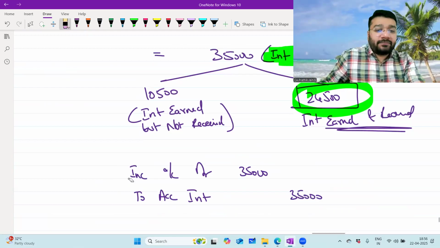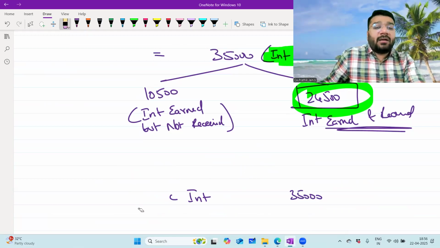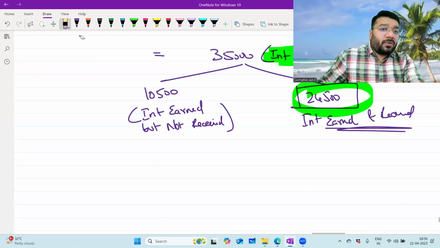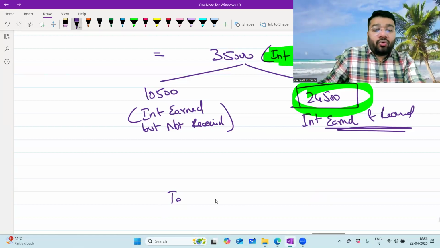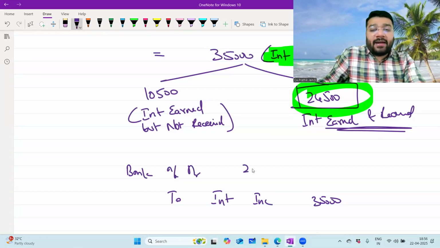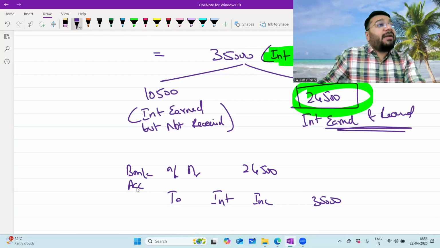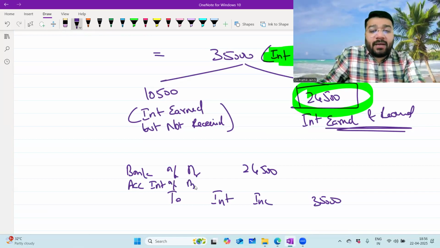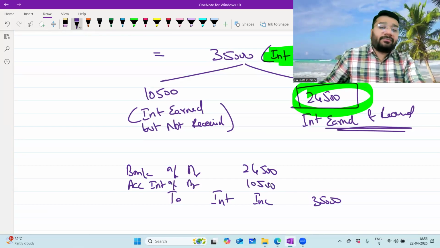Sorry, I said it the wrong way. Income is gain, credit all income and gain. So to interest income 35,000. In that, how much is received? Bank account debit 24,500. Remaining is not received, it is an asset. I'll receive in future. Anything I receive in future is an asset. So accrued interest account debit 10,500 to interest income.